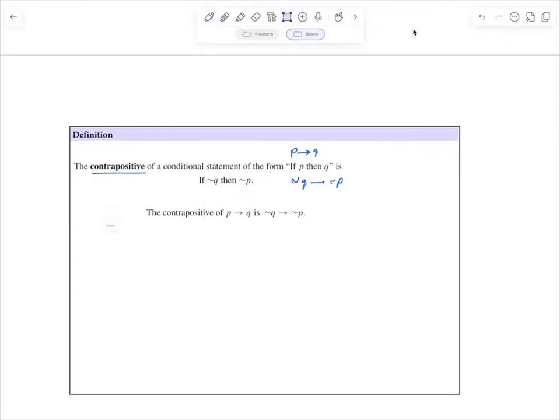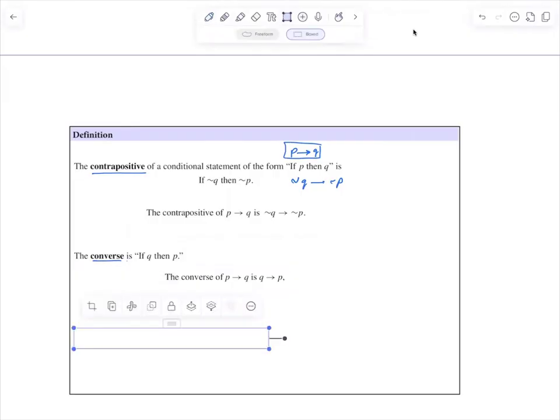We have other definitions as well. The converse is if Q, then P. And we can write it this way. So you have a logical statement, implication, P, then Q. Its contrapositive is not Q, then not P. Its converse is Q, then P. Other than converse, we have inverse as well.